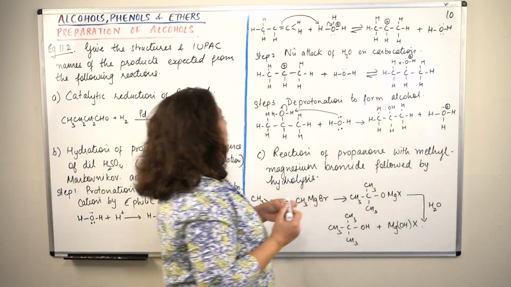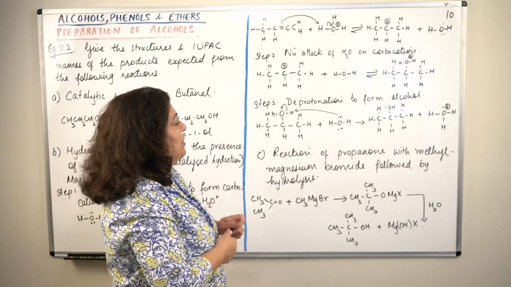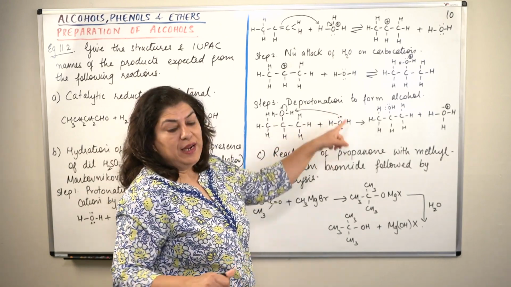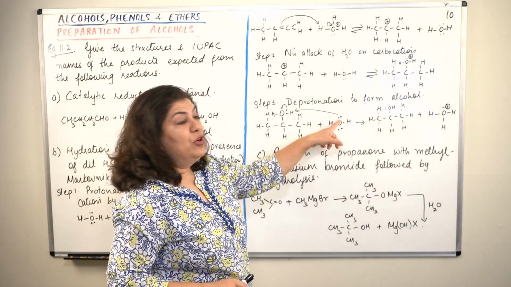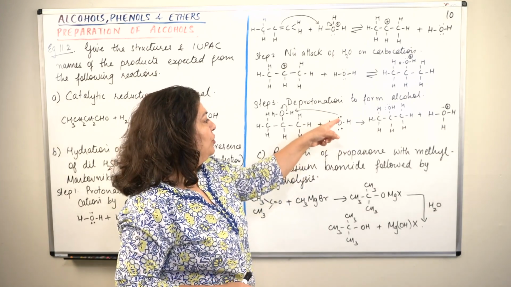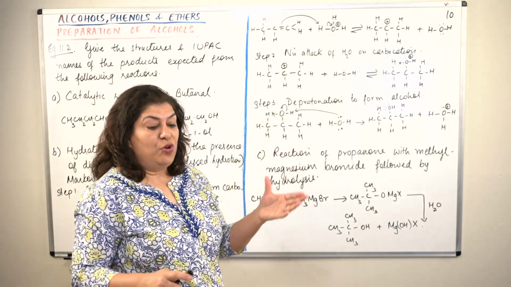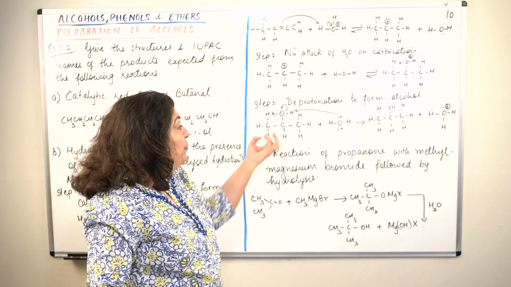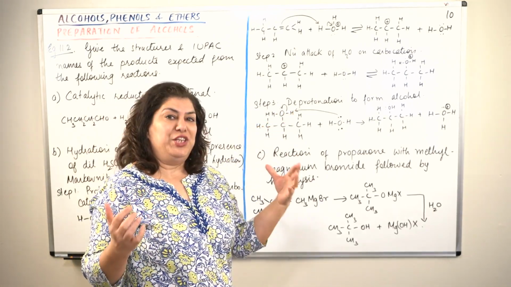Okay? And the H positive which leaves goes and attaches to the lone pair of electrons on oxygen in a water molecule. They provide the electrons for hydrogen to pull out the hydrogen in the form of H positive.